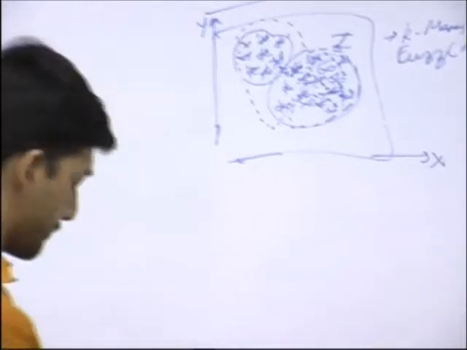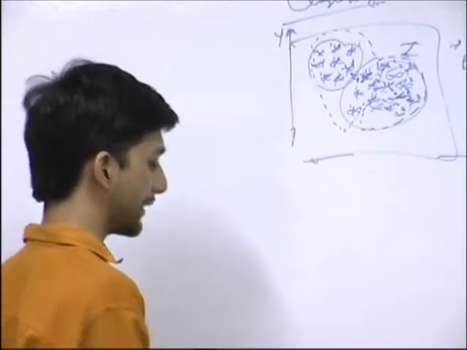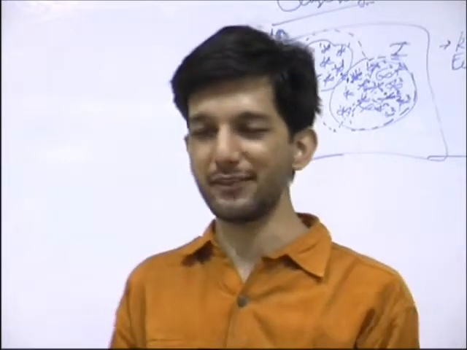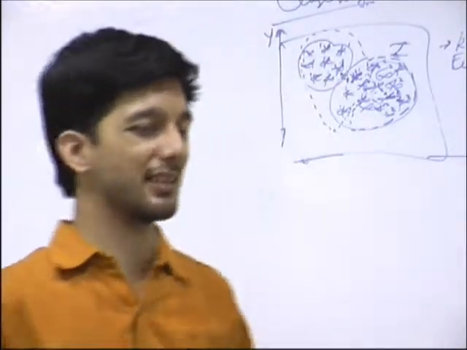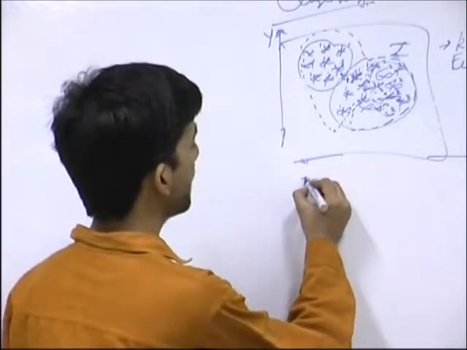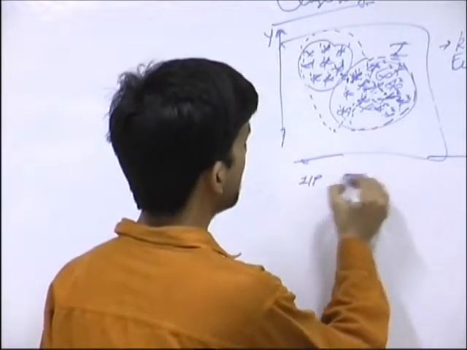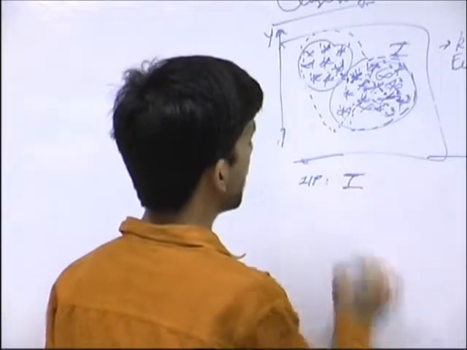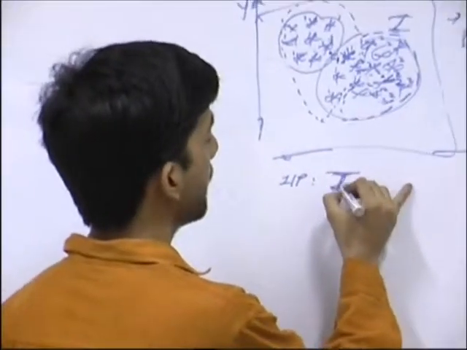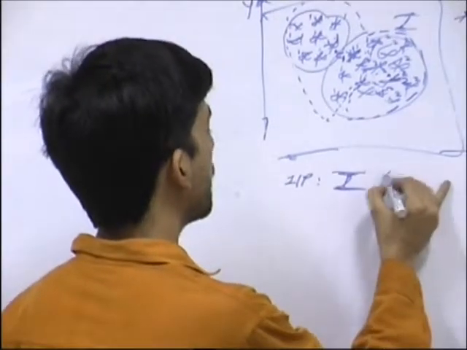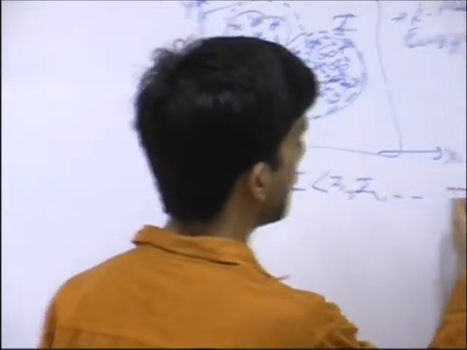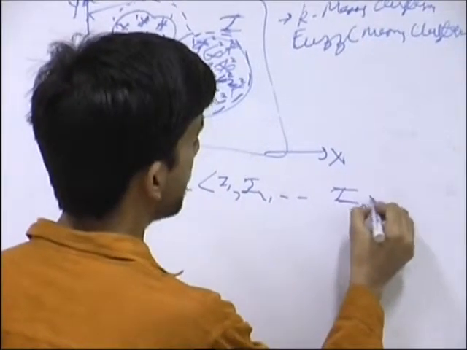I'll write down a very short code snippet that does exactly the same thing. Whatever I have spoken would eventually be repeated as a formal algorithm. So my input, let me say I, to this algorithm is a collection of elements of the form I1, I2, I3 up to In.